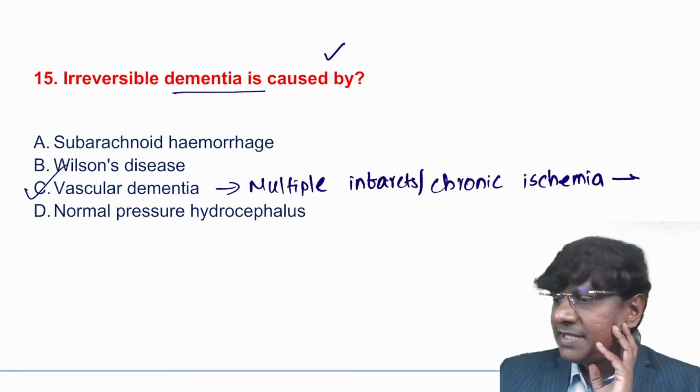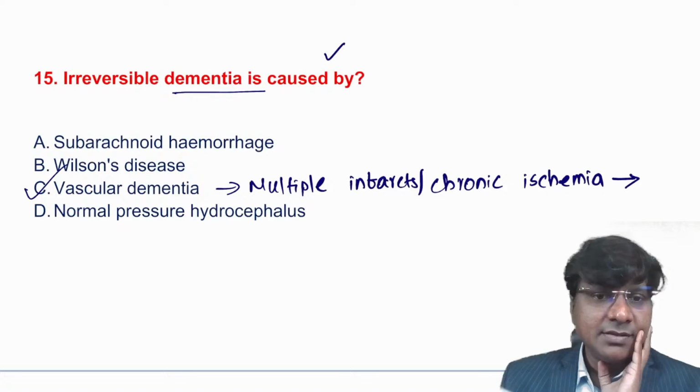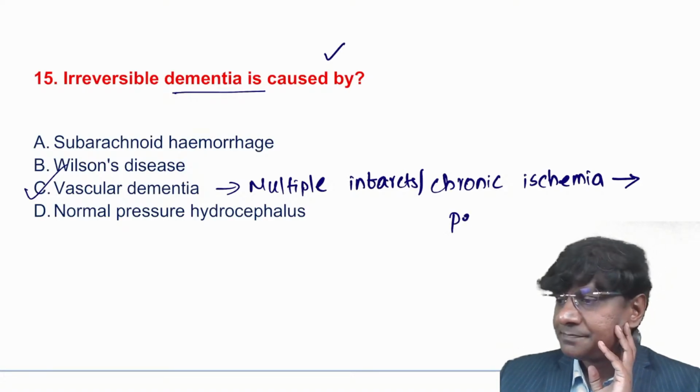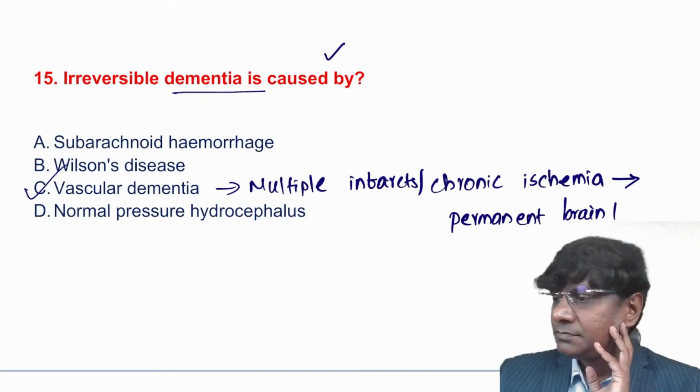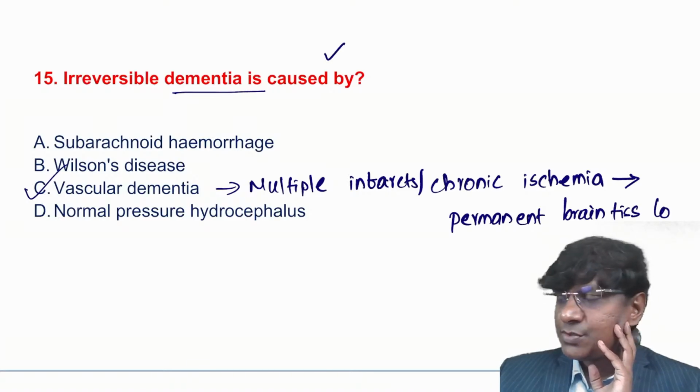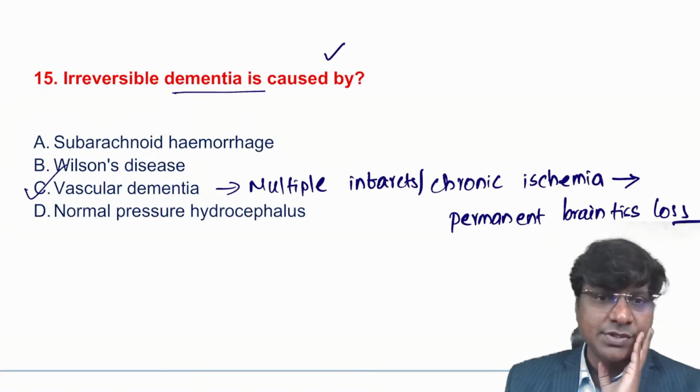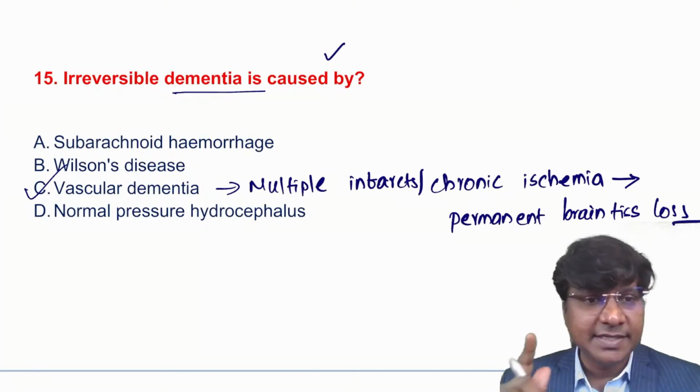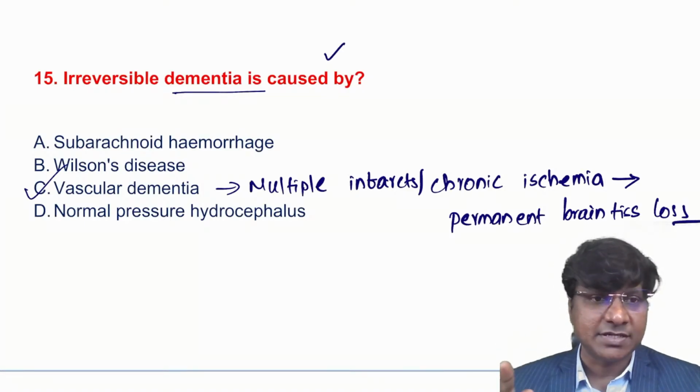This multiple infarcts or chronic ischemia will lead to permanent brain tissue loss, and that is the reason why this results in irreversible dementia in vascular dementia.